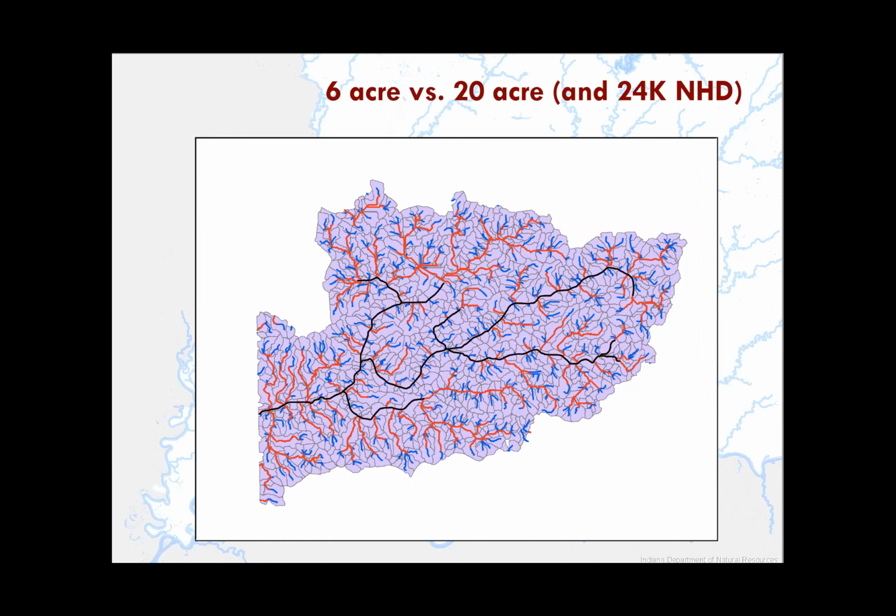The red lines are the results out of the 20-acre limit, and then the blue lines are the further lines to go up to the 6-acre catchment limit. So you can see even the 20-acre stream set gives us quite an increase in streamlines and actual line work in the data set. And then the 6-acre catchment just extends that even more. So you can kind of see the scale of what we're dealing with here. Next slide.